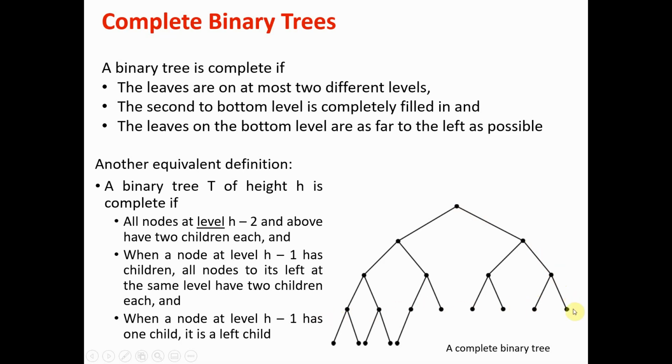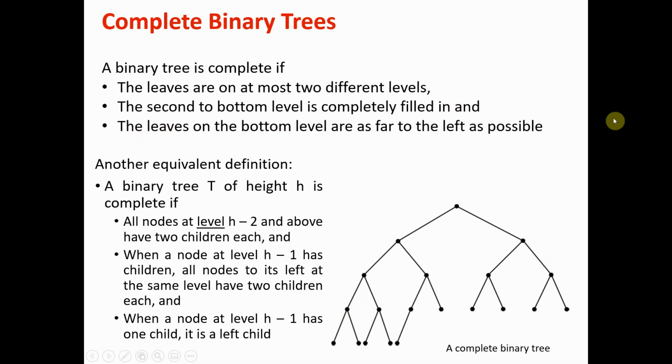At level 3, in a binary tree, we can have maximum 2 to power 3, which is 8 nodes. And this one has exactly 8 nodes. That's what it means by having completely filled. It has to have the maximum number of nodes for that level, which it does. So it also satisfies the second condition.